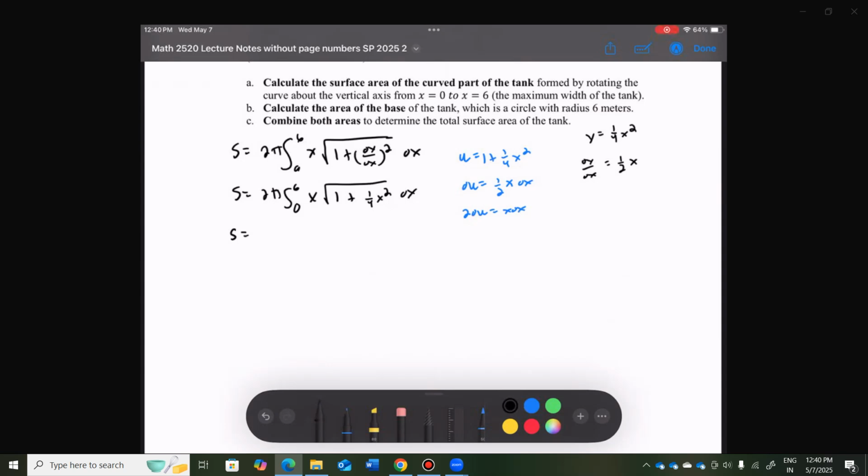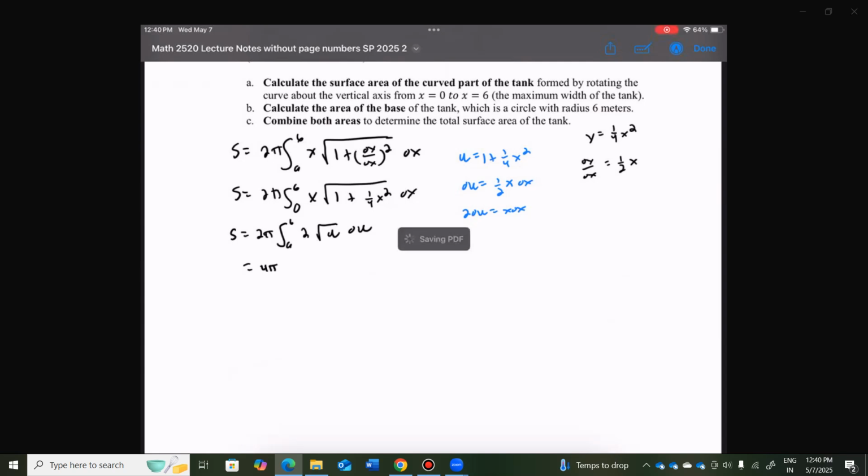Right, so the surface area is going to be 2 pi, a to b. x dx is our 2 du, so we'll have another 2 on the outside, square root of u du. So we'll have 4 pi, and we're going to do the integral here. 4 pi, u to the 3/2 times 2/3, or divided by 3/2, so it would be multiplying by 2/3.